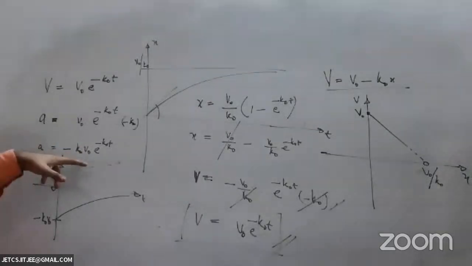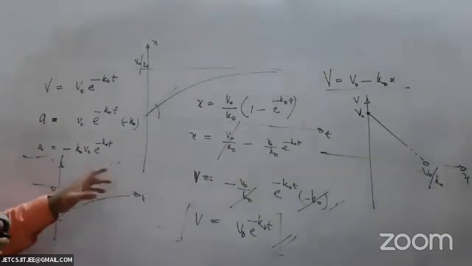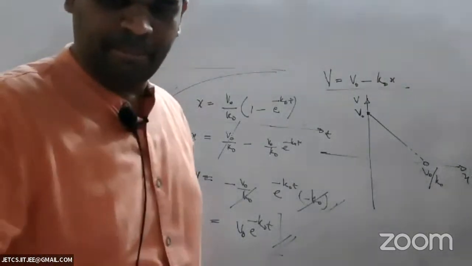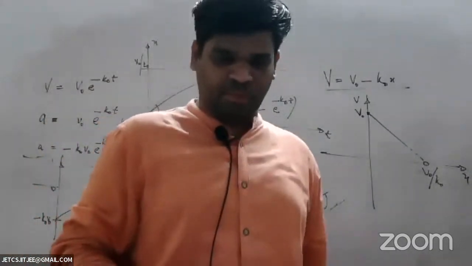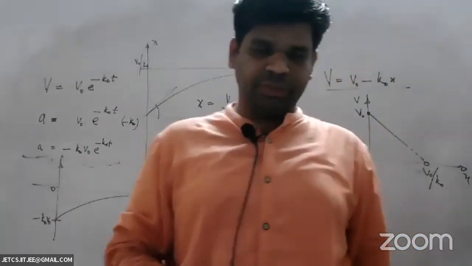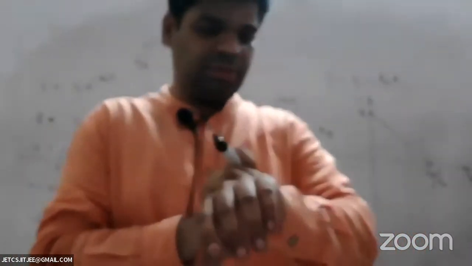At t equal to 0, my acceleration is minus k naught v naught, and it is decreasing exponentially, that's e power minus k naught t. All right. So is that clear? Is the question clear?